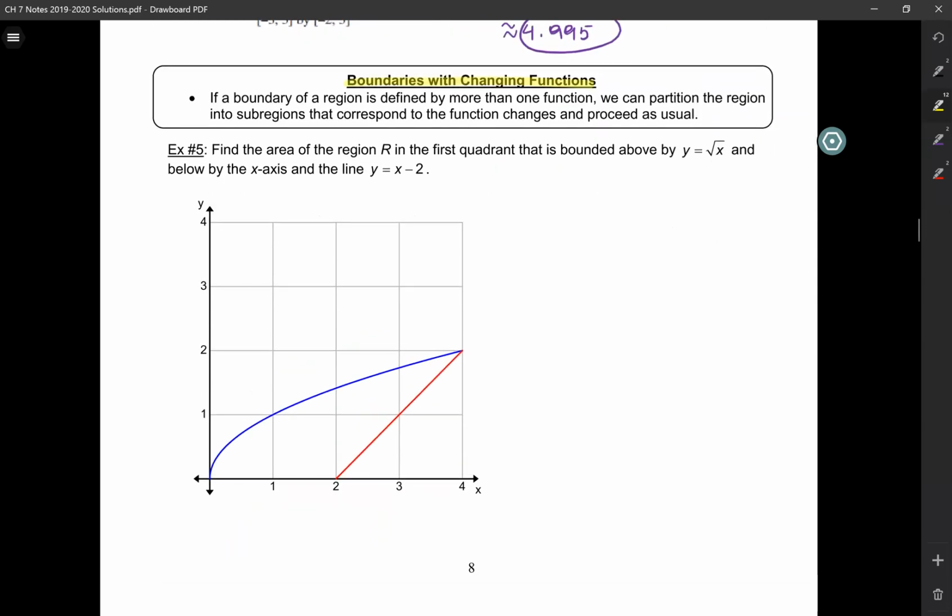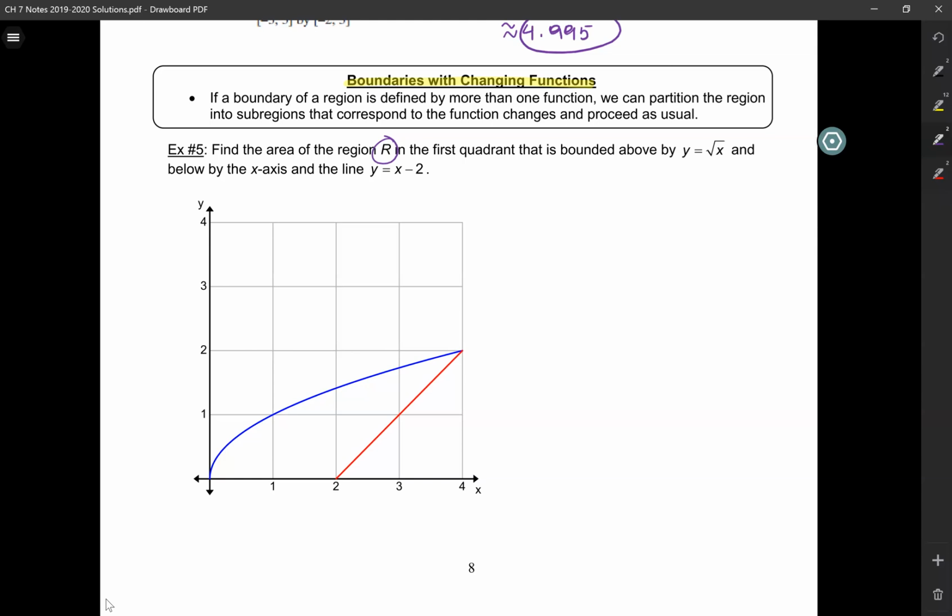So, for example, look at this one here. It says find the area of the region R. Okay, let's talk about that for a minute. This is common. Every single time, the region of which you need to find the area is always given the name capital R. Region R, okay?